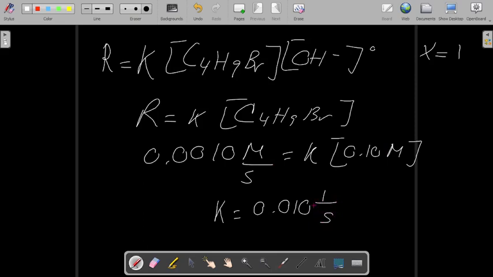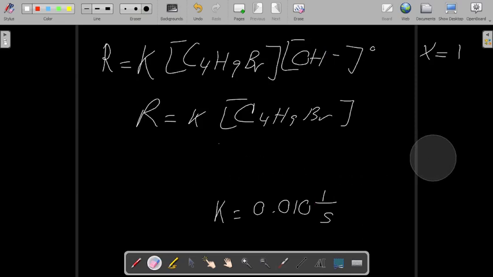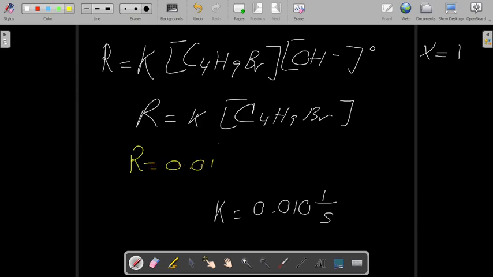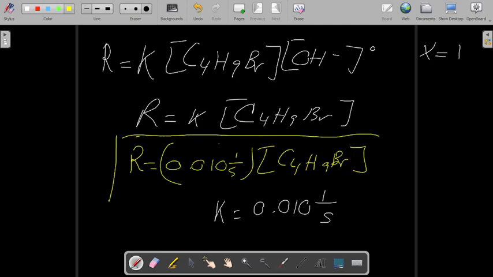Now, are we done? No, because they asked us for the equation, not just the values, but the equation. So the equation is going to be R equals, we found this, and multiplying any concentration that they give us. The rate can be calculated by using this equation.